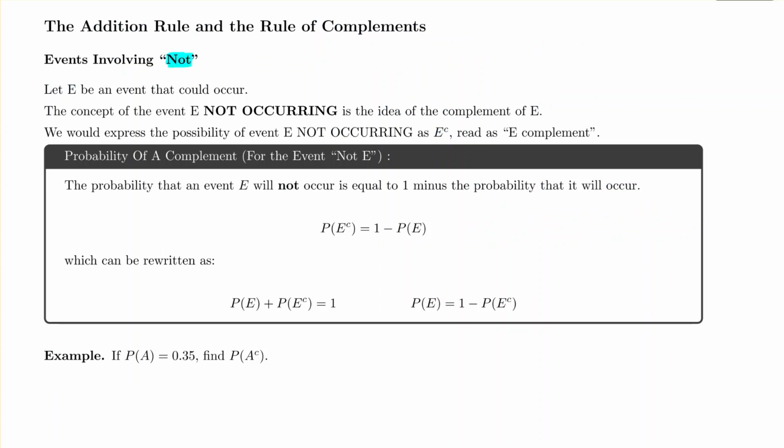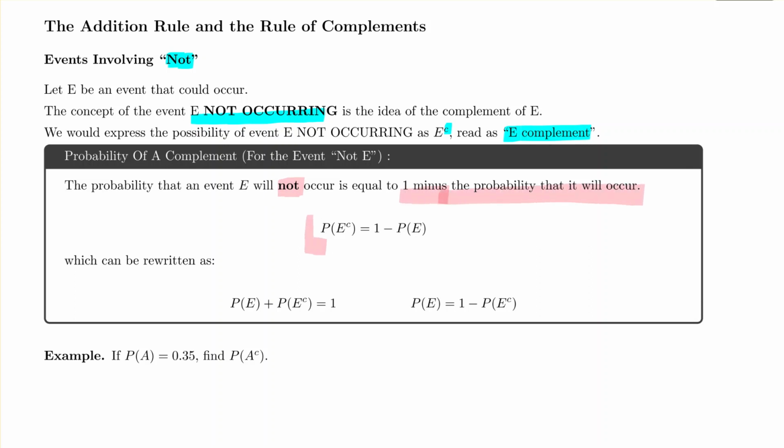So if I want to find the probability of something not happening, not occurring, so E not occurring, we denote with the letter C as an exponent, E to the C, but we read it as E complement. So the probability that event E will not occur is equal to 1 minus the probability that it will occur.